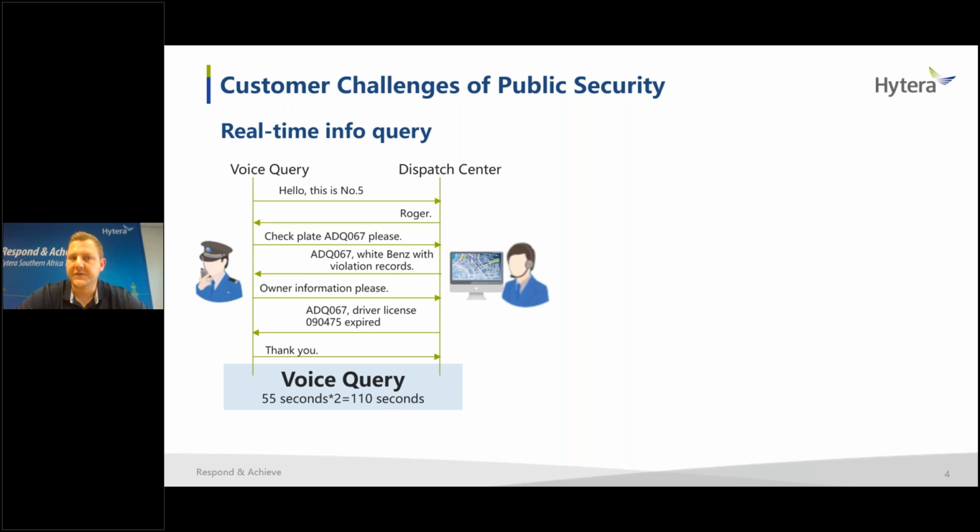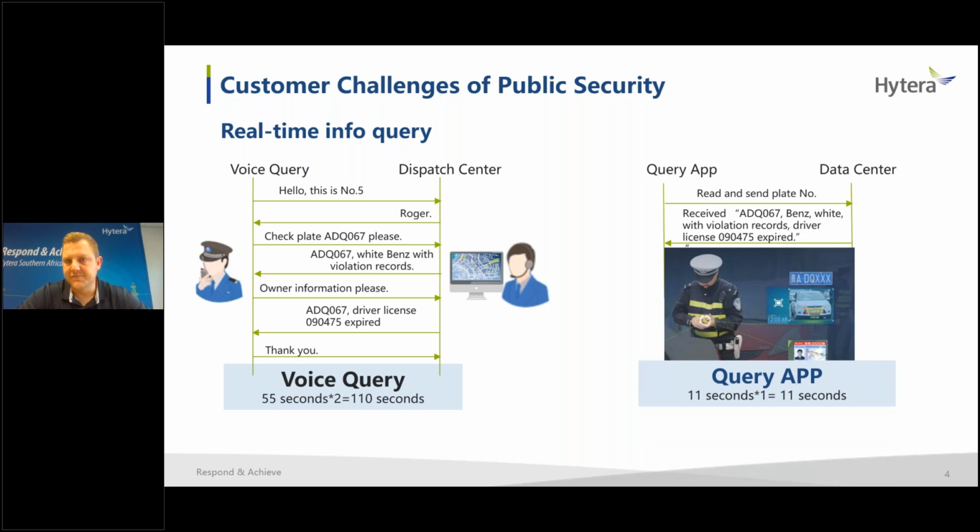The dispatcher would then have to interrogate that information on a database, and then respond back to the officer in the field to say, for example, this driver's license has expired, or this number plate has expired. Typically something like this would take about 55 seconds times 2, which is about 110 seconds to interrogate if this person's driver's license has expired, or if the license disc is no longer valid.